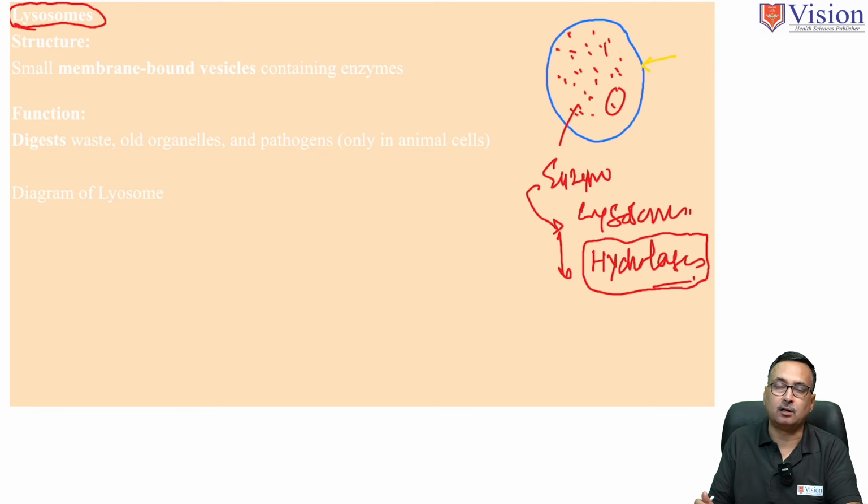When we study the classification of enzymes, which are of 6 types, one is oxidoreductase, second transferases, third hydrolases, fourth lyases, fifth isomerases, and sixth ligases. So hydrolases are those enzymes which split a macromolecule by addition of water molecules.